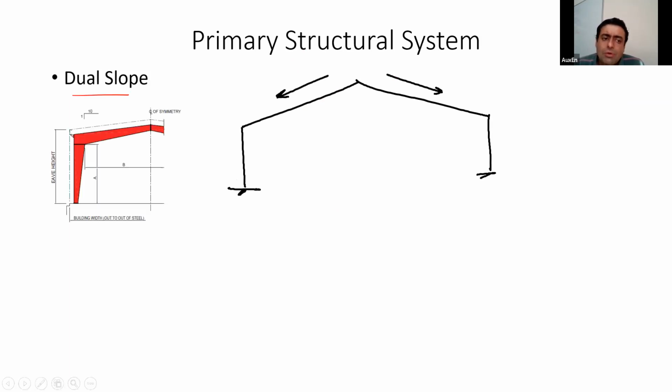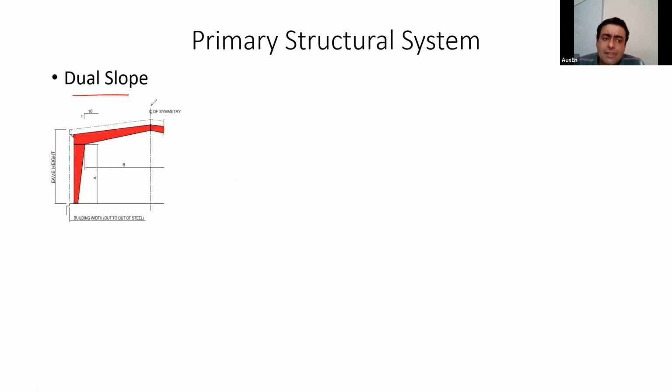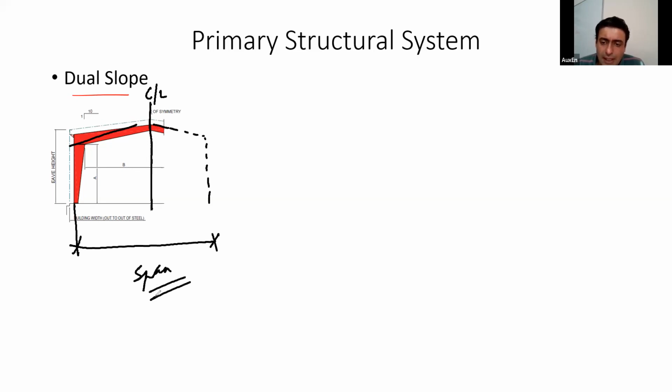So examples of dual slope are like this. You can see this is the center line, and you have a slope over here. Of course, you will have a slope over here also, but that has not been drawn to save space. The overall span would be from here to here. So when I ask what is the span of your shed, this is the span.